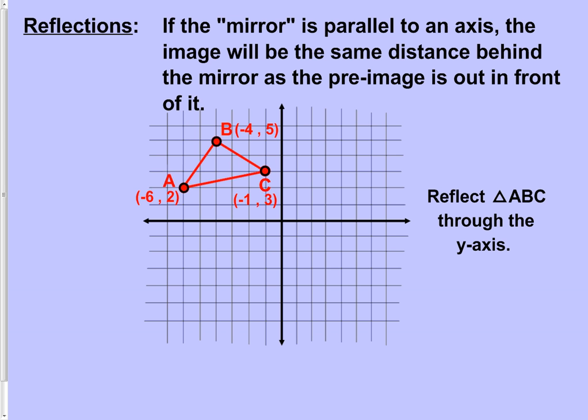Our instructions for this problem are to reflect triangle ABC through the y-axis. As I said, this is really very simple because if the y-axis is the mirror, then point A and point B and point C are a certain distance away from the mirror. So when they look into the mirror, they are going to see themselves the same distance out behind the mirror.